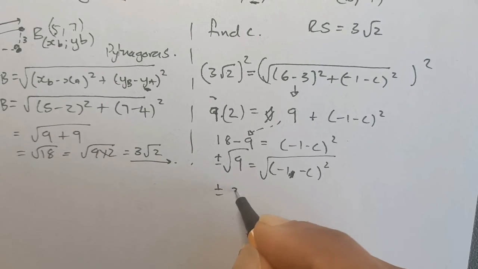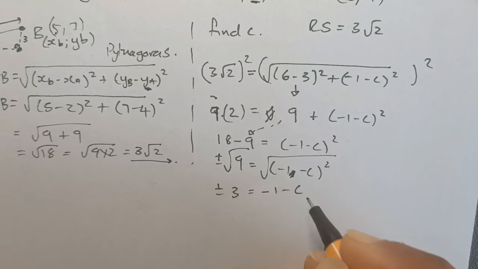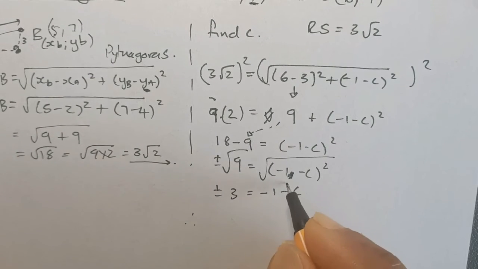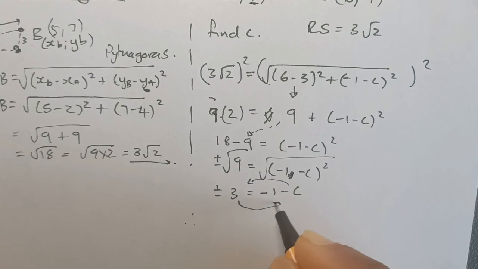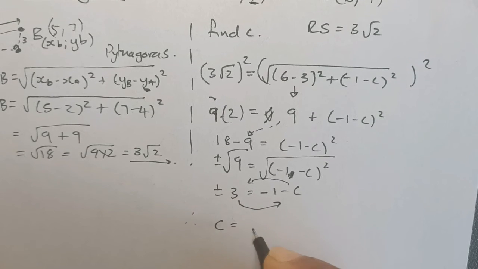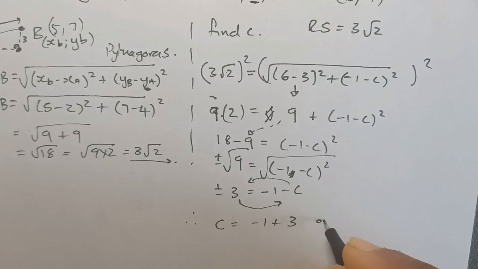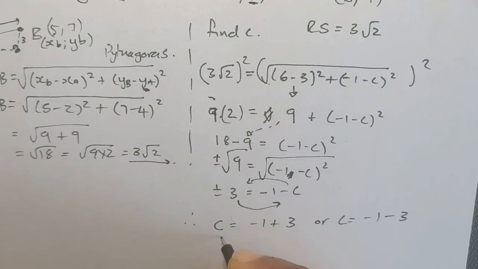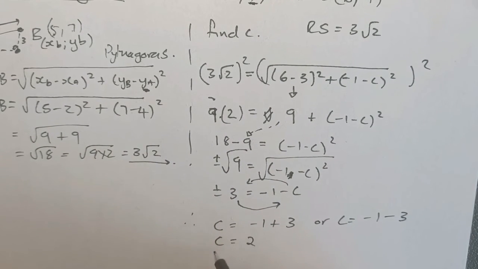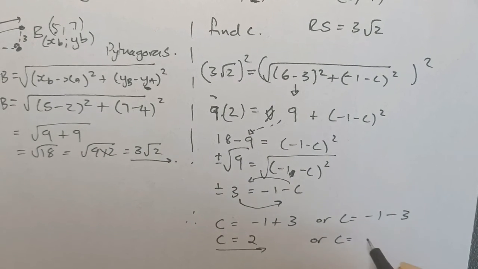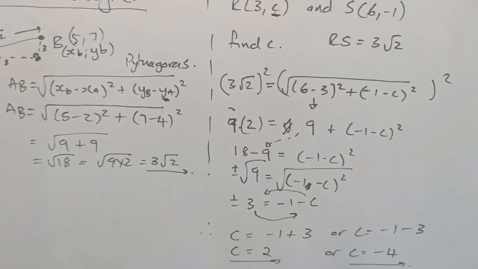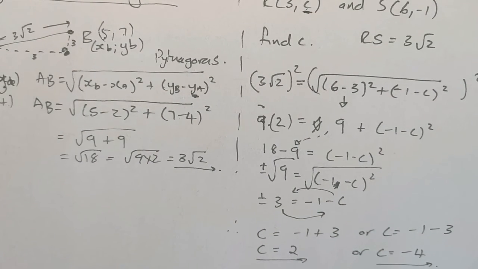You're going to have plus or minus 3, and you end up with -1 minus C. Therefore, let's move the C this way and the plus or minus 3 to the other side. We end up with C equals -1 plus 3, or C equals -1 minus 3, which means that C can equal 2, or C can equal -4. And there you go. You've now found the C values.